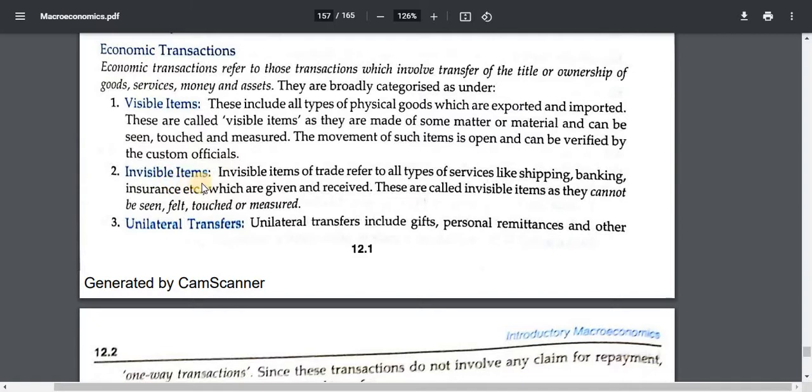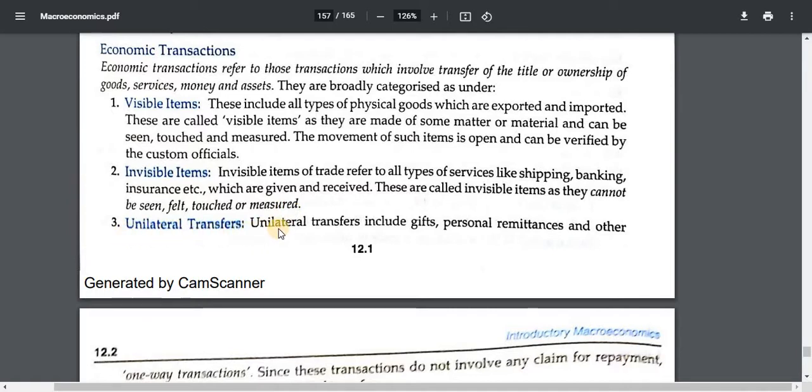2. Invisible items. Invisible items of trade refer to all types of services like shipping, banking, insurance, etc., which are given and received. These are called invisible items as they cannot be seen, felt, touched or measured. 3.